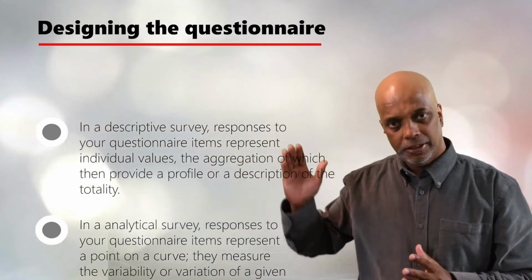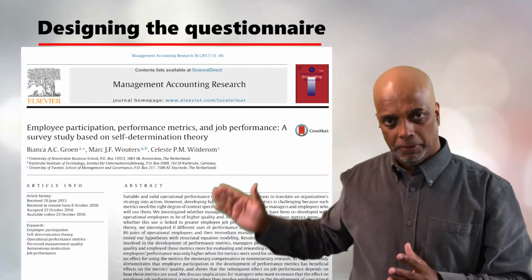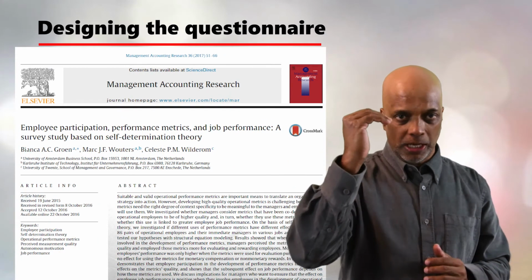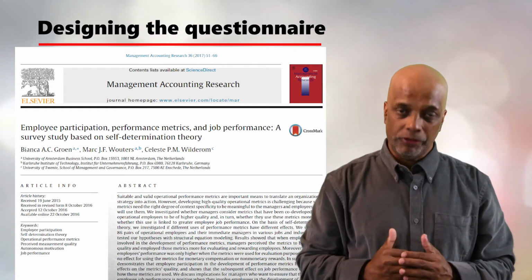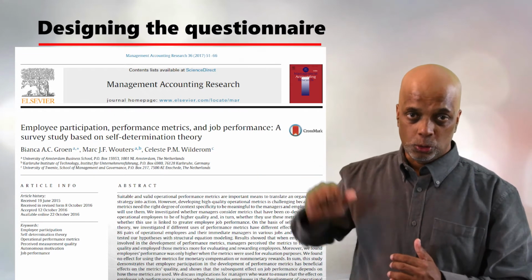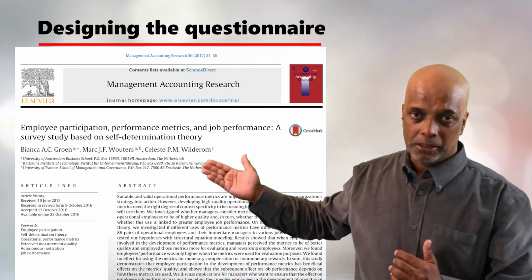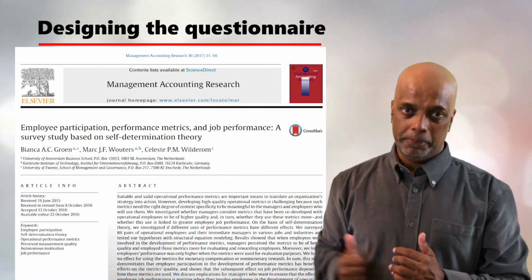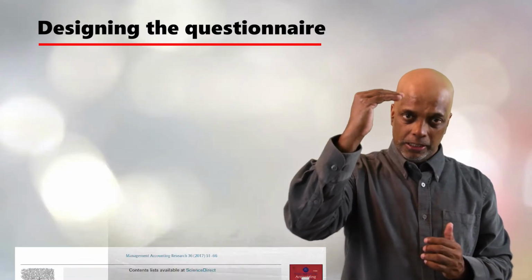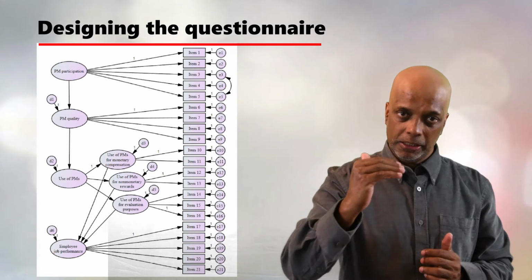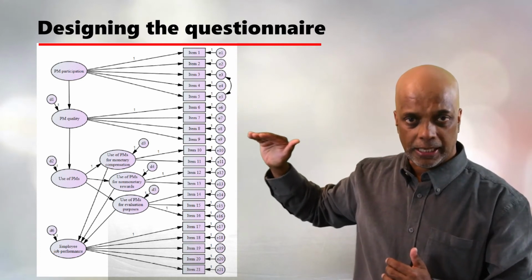So yet again, go through this example paper. You can see how they conceptualize their variables through their questionnaire. For example, in this paper by Priyanka and her colleagues, they have 4 key variables. For each of the 4 key variables, they have a set of questionnaire items.